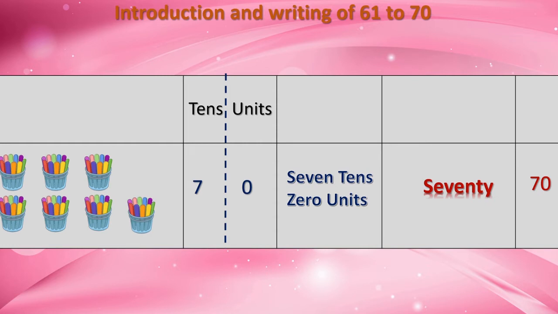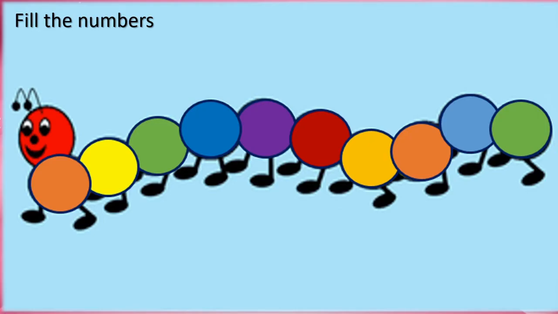Got this, children? I hope you understood how to write and how to read the numbers from 61 to 70. Let us check. Fill the numbers. Here is a caterpillar, right? Okay, and we can see the number 61 is on the first part and the number 70 is on the last part.